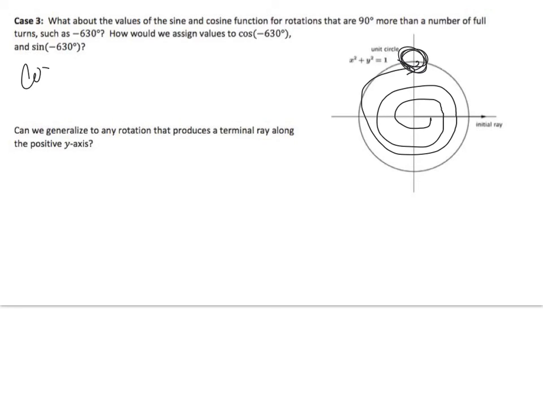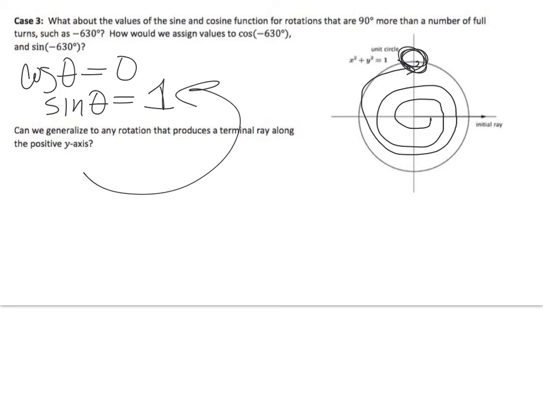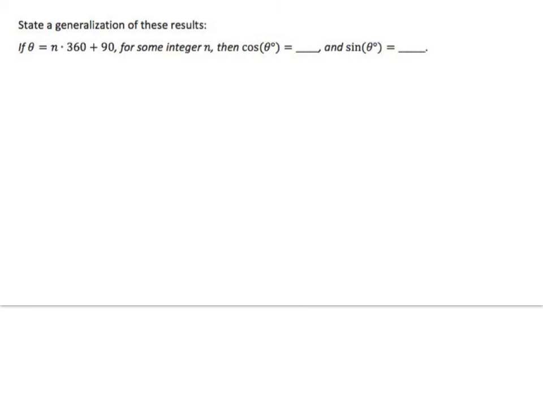So cosine of our degree, remember cosine is x, my x value here is 0, and sine of that value is y, and that's going to be 1, and that would be the generalization. Cosine was 0 and sine was 1.